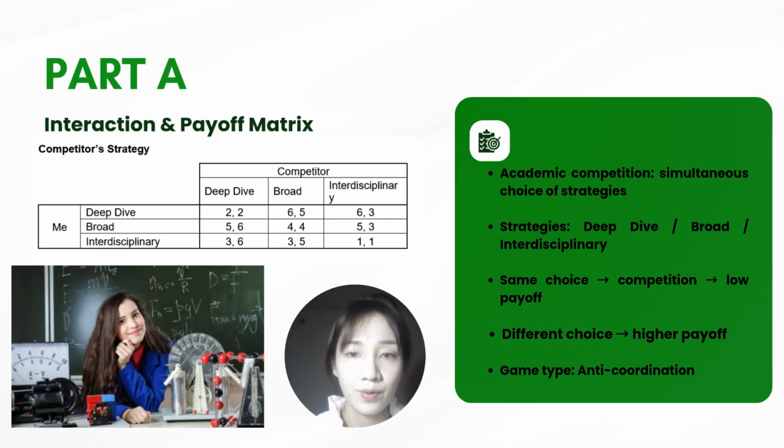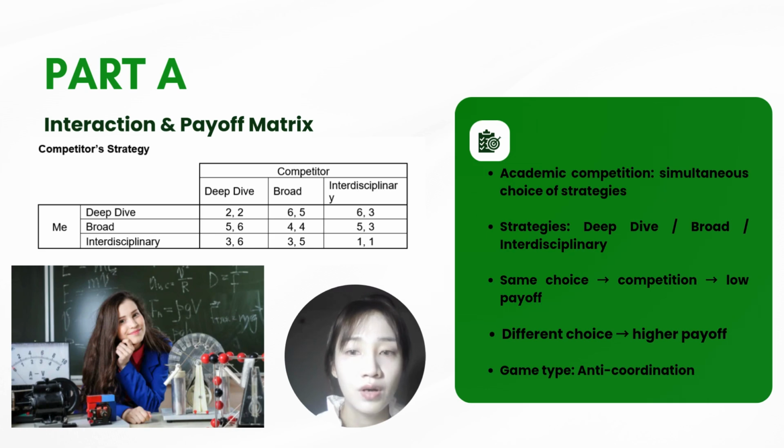In this example, I faced an academic competition where both my peer and I had to make choices at the same time. We had three strategies: deep dive into one topic, broad exploration of safer topics, or a high-risk interdisciplinary approach. When we both chose the same option, competition reduced our payoff.